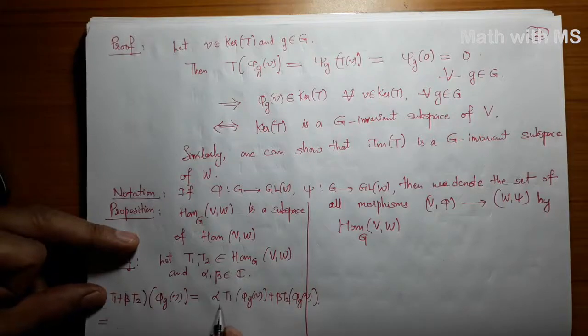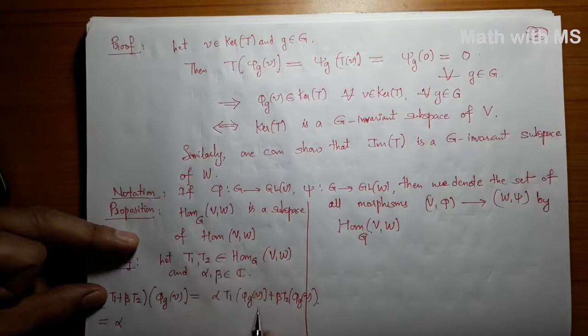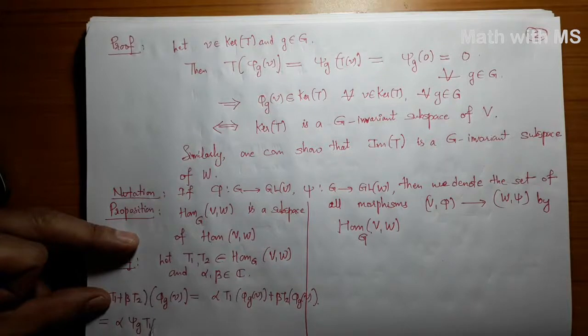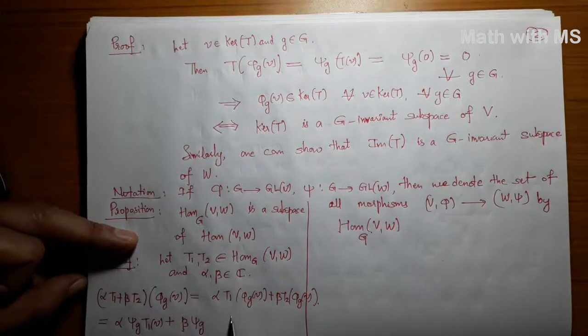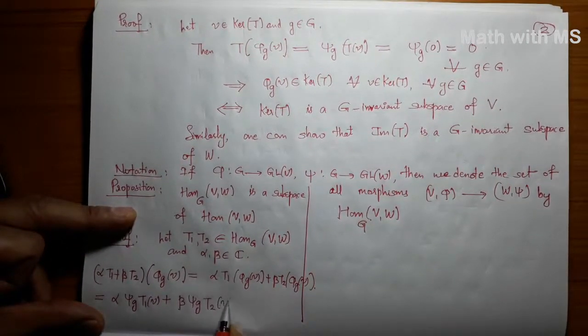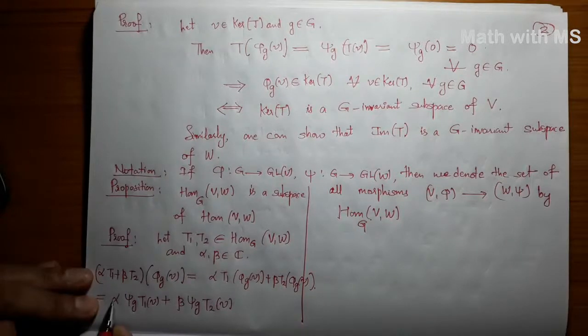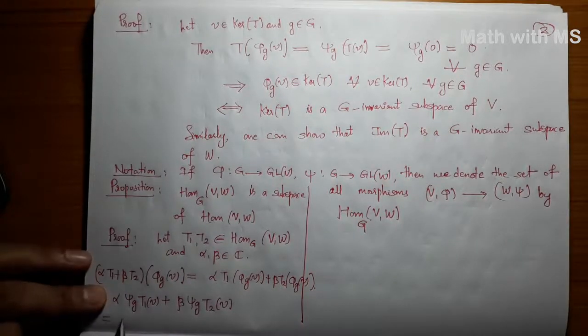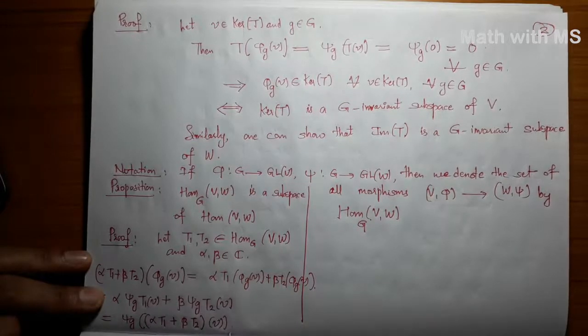This is the same as alpha times T1(v) transformed, but we know that T1 and T2 are morphisms, so that is the same as alpha psi_g(T1 v) plus beta psi_g(T2 v). Psi_g is a linear map, so you can bring the scalar in, and write it as psi_g acting on (alpha T1 plus beta T2), and this acting on v.